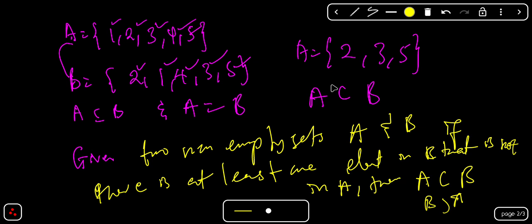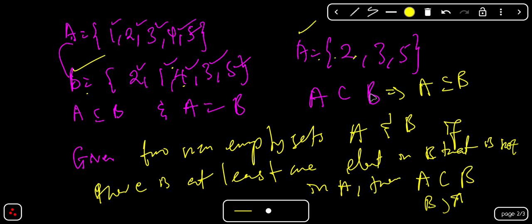Take note of that. In this case, I can say A is a proper subset of B, and at the same time, I can say A is a subset of B. Are we together? Because all the elements in A can be found in B. The reason why we say it's a proper subset is that there are some elements in B that are not in A. Like 1, we have 1 in B, not in A. We have 4 in B, not in A. So very simple.